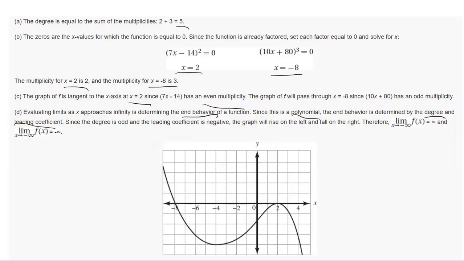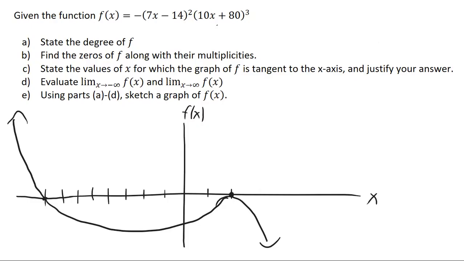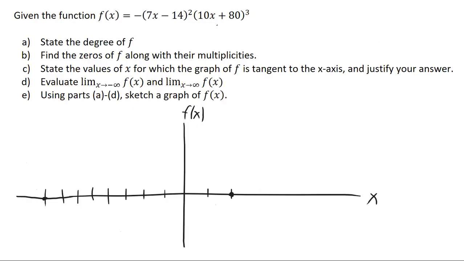Okay, let's look at the answer key. Yep, about right. Okay, so again, let me explain what I was thinking. At x equal to 2, we know that it should not cross the x-axis. It should only touch it. So it either looks like this or it looks something like this.